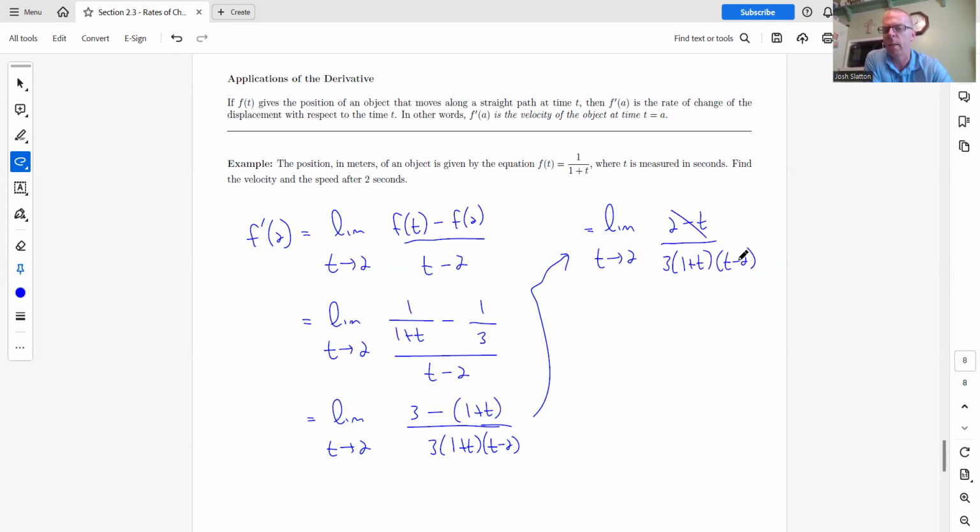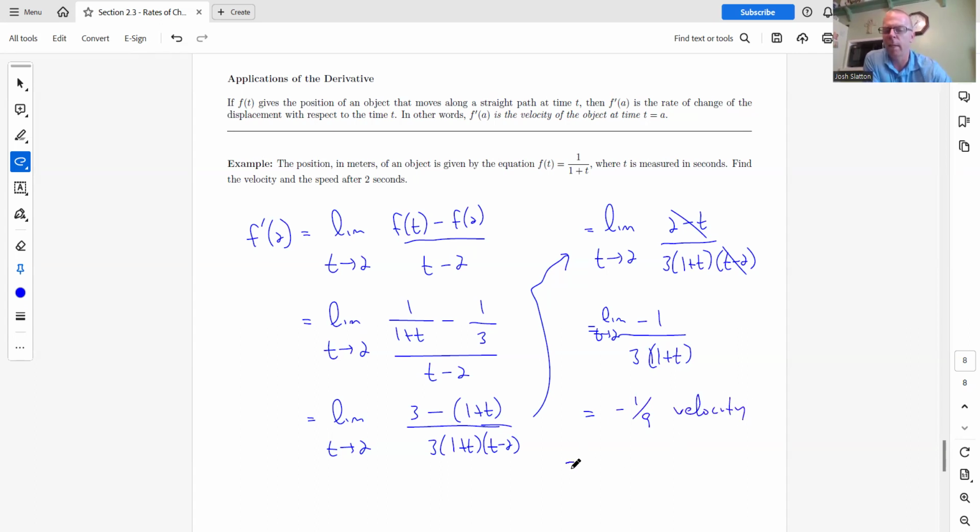The 2 minus t and the t minus 2 leave a -1. So we have -1 over 3 times 1 plus t, limit as t approaches 2. Now we can plug the 2 in for the t, and we have -1/9. And that is our velocity.